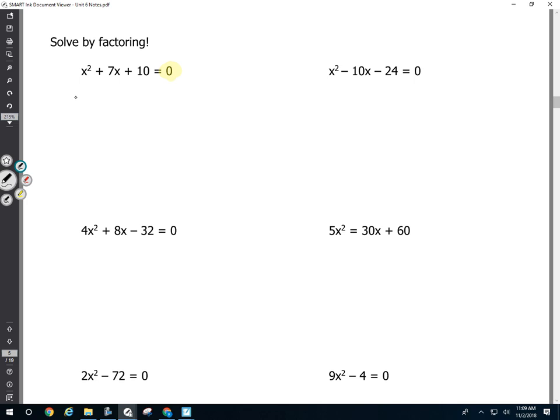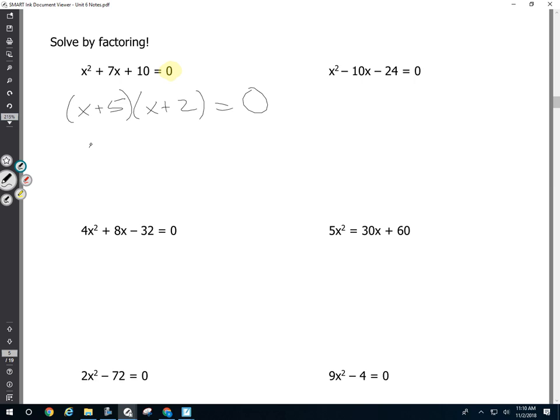This is a sum. I've just turned it into a product. Now I think, what numbers make each piece of my product 0? Because if I have one thing equal to 0 times something, everything is 0.